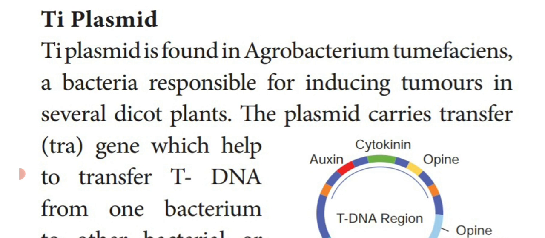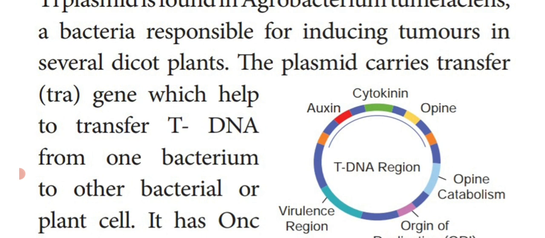Okay. So this plasmid carries the gene known as the tra gene. Tra means transfer gene, which helps to transfer the T-DNA from one bacterium to another bacterium or plant cell.